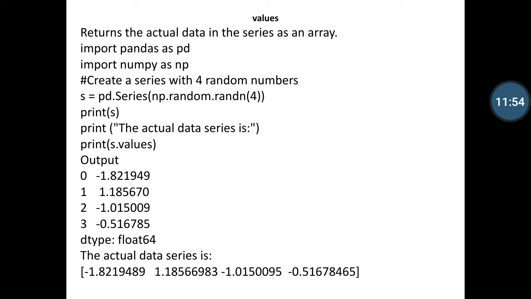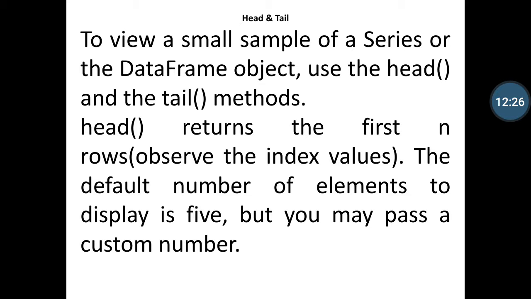After execution, the output gives you 0 1 2 3 as the index numbers, and it defines the other numbers of the series as the values. The actual data series is defined in a list type data structure. You can notice that the numbers created are defined in a list type structure.